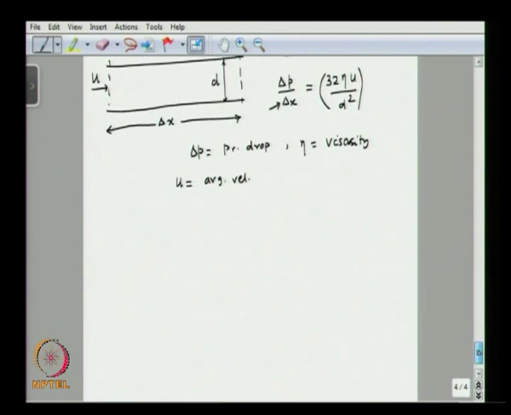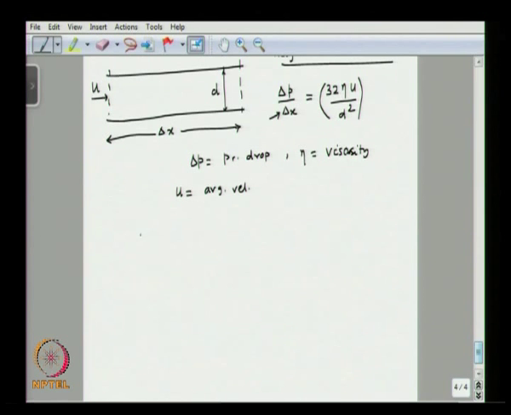So what we see here is that the pressure drop scales as 1 over d square.